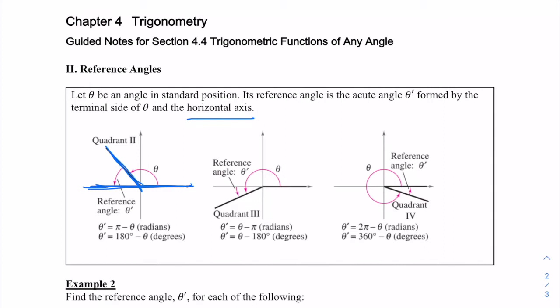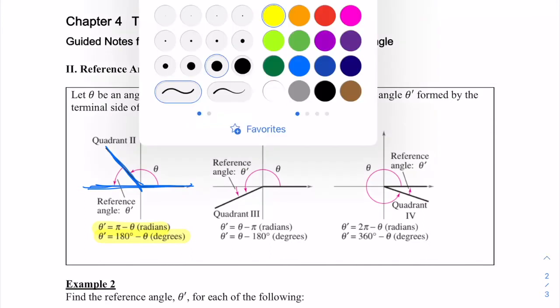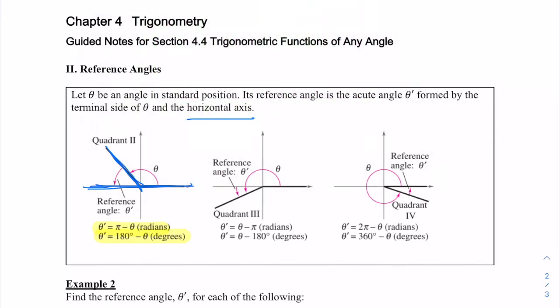If we have an angle that's in the second quadrant, to figure out that reference angle, you're going to have to subtract that angle from 180, or subtract it from pi. If an angle or rotation falls in the third quadrant, then you're going to have to find that reference angle by subtracting 180 from the angle, or pi from that angle.